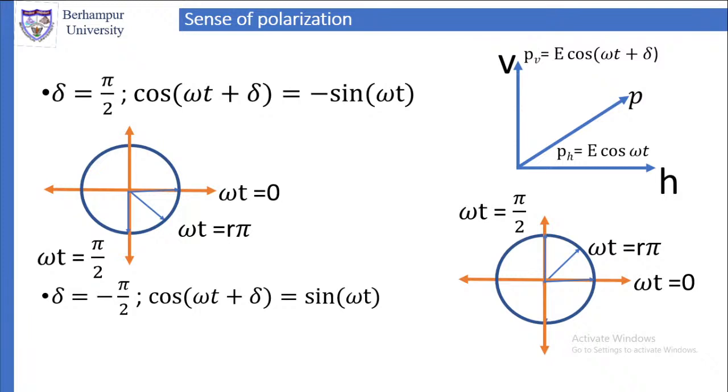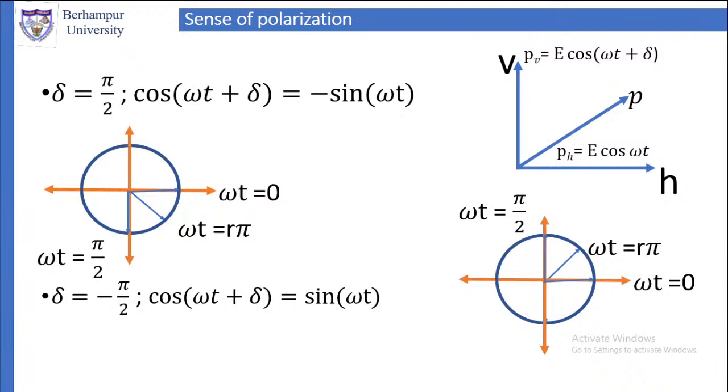Then at omega t is equal to r pi, any other value, it will have two components. One is the horizontal component, which is from left to right. The other is the vertical component, because sin omega t is positive. We have a vertical component from bottom to top. Therefore, it will move in the upward direction, so it will move in the anti-clockwise direction.